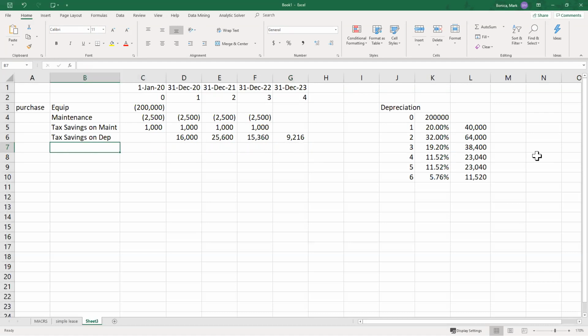Now, what other cash flows do I have? Well, I said in the problem that I'm going to have a salvage, right? And it's going to be 20,000.